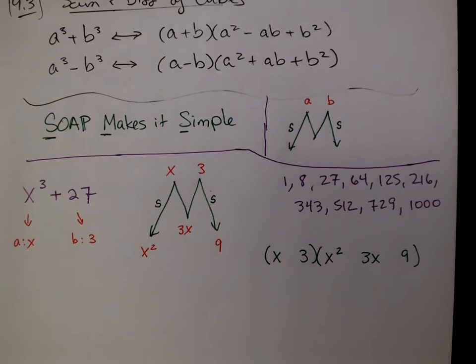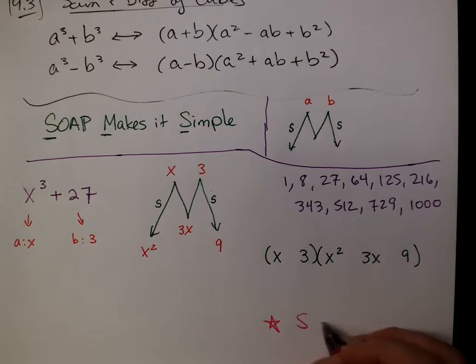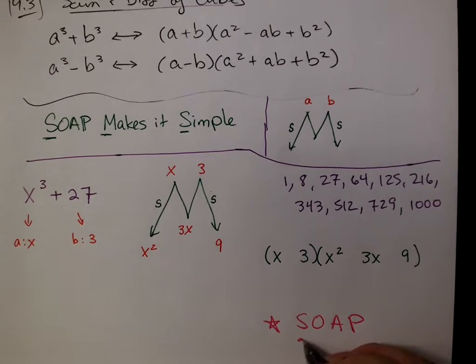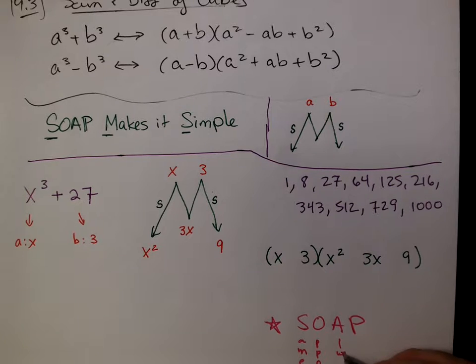Now, all I need now is my sign pattern. Is it pluses or minuses? Well, that's where SOAP comes in. SOAP means same, opposite, always positive. And they're all positive.